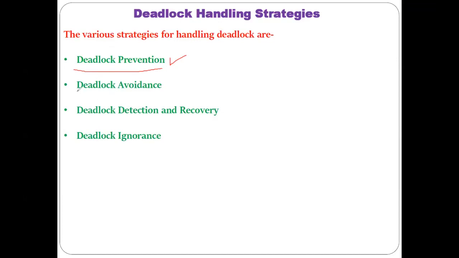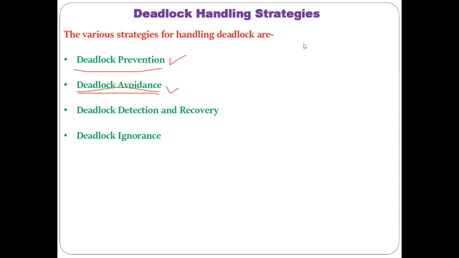In the case of deadlock avoidance, we discussed that you can avoid the deadlock with the help of a specific algorithm, the banker's algorithm, using which you can avoid the deadlock before it occurs.